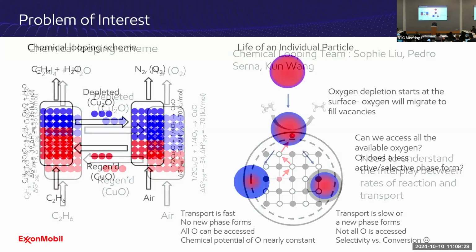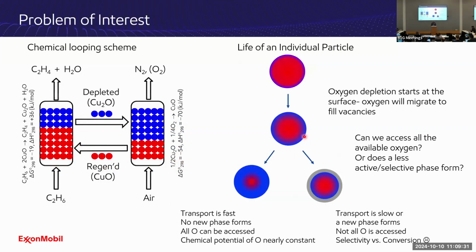Okay. If I look at the lifecycle of an individual particle, I'm going to start off with a case where I'm fully oxygenated, and then as I deplete, I could have a situation where I deplete at the surface and set up some kind of concentration gradient, which then drives diffusion of oxygen from the bulk to the surface. Ideally, I would be able to suck all the oxygen out of the particle, or to some degree.